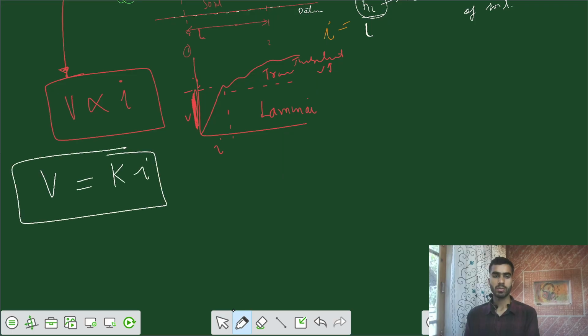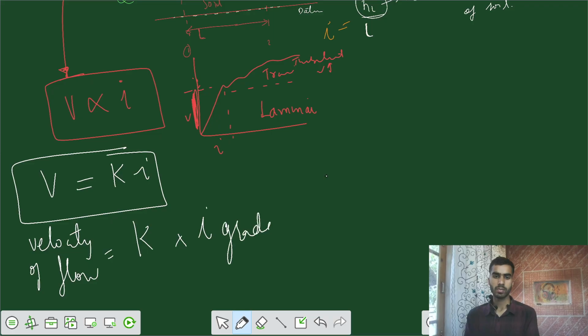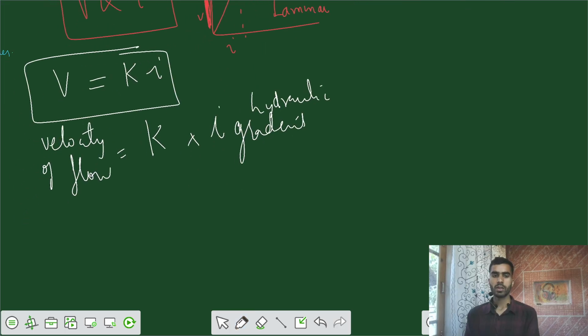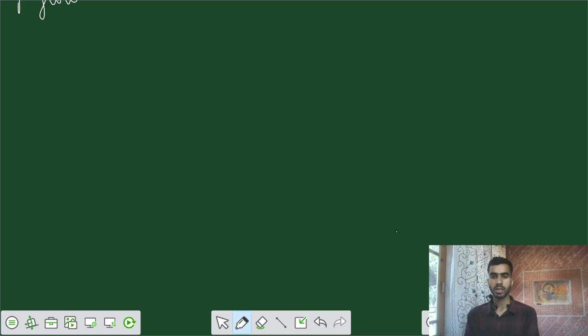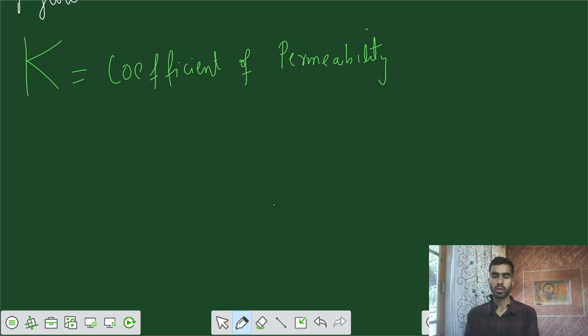So the velocity of flow is equal to some coefficient times the hydraulic gradient, and this K we call the coefficient of permeability. So K equals V by i.